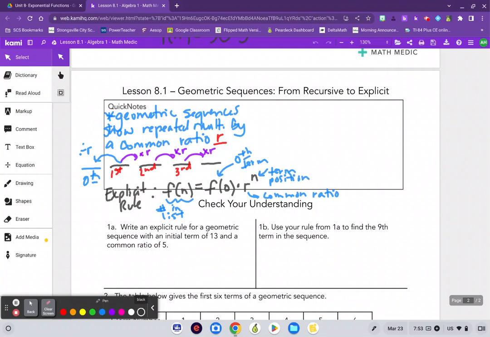Now, I intentionally left this space over here because I want to review arithmetic sequences. And so it's been a while since we've talked about either of these things. And so remember that arithmetic sequences is repeated addition or subtraction.